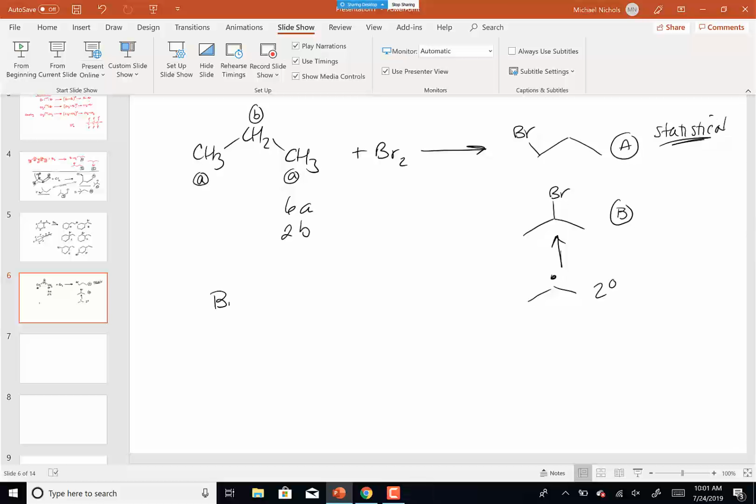Am I doing bromine or am I using chlorine? Am I doing the reaction at room temperature or am I doing the reaction greater than 300 degrees Celsius? So I do the reaction at room temperature or high temperature, which really is room temperature and light versus greater than 300 degrees, which is pure heat. It's going to depend on those 2 things.